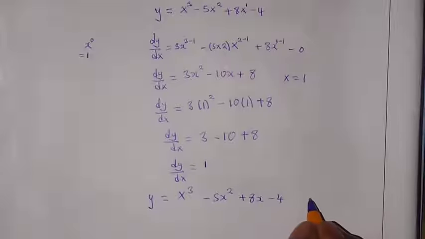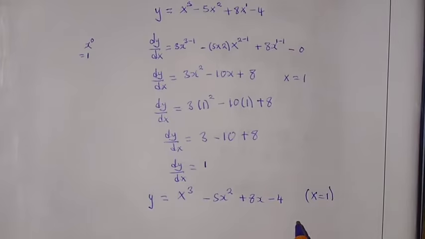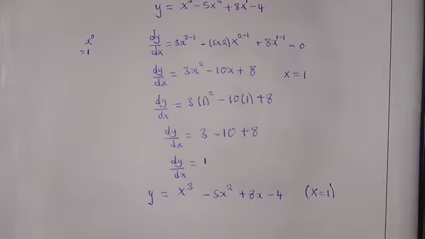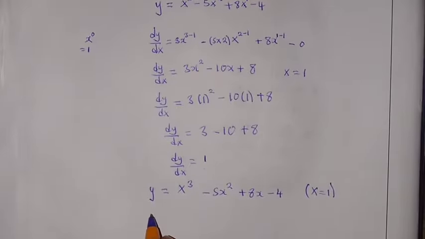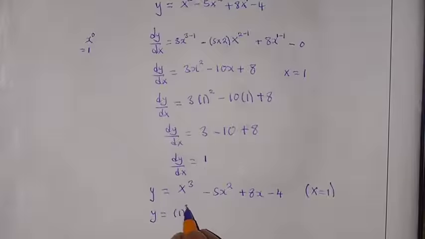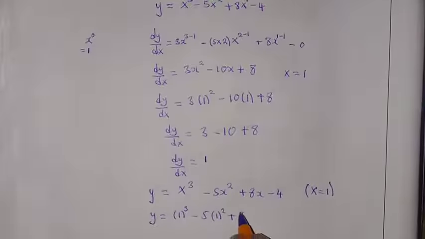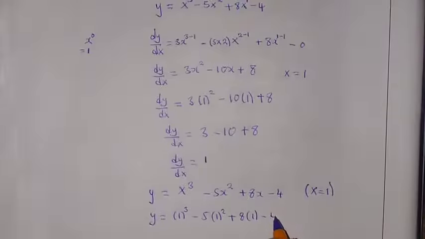So here they have told us that at the point when x is equal to 1, I want to find the value for y, because we already have the x value, so we need also the value for y, and we have the gradient here. That's when you are going to find the equation of the tangent. So from here we'll say y equal to, where there is x, we will substitute a 1.